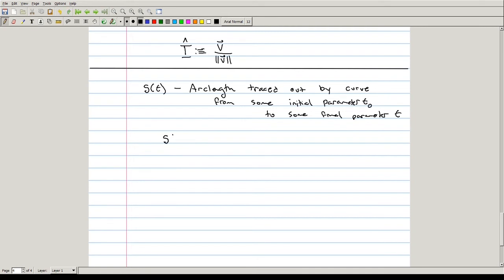We know that s of t is equal to the definite integral from 0 to whatever that value is of ds.